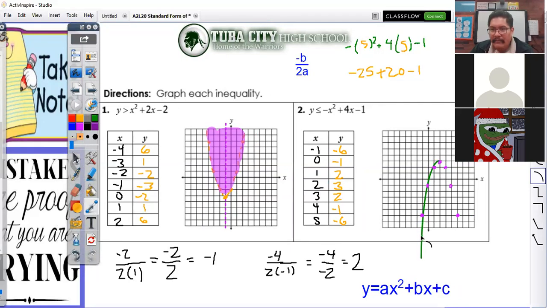And I'm going to make this right through there. I'm going a little bit over as well, just so that way it goes through more of the points.